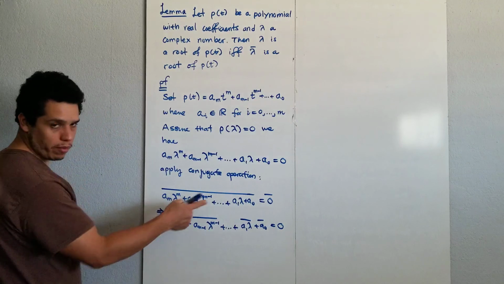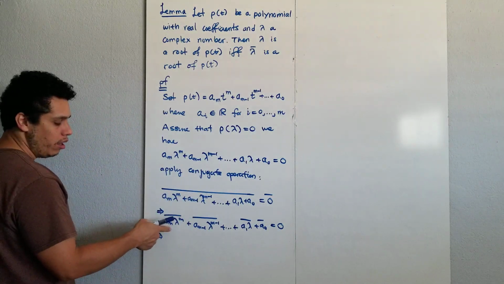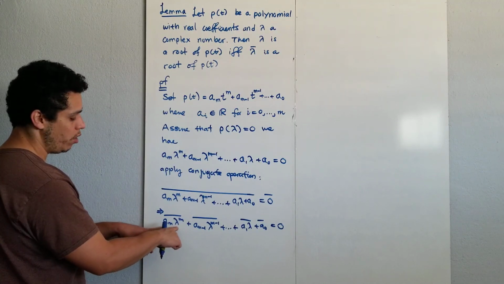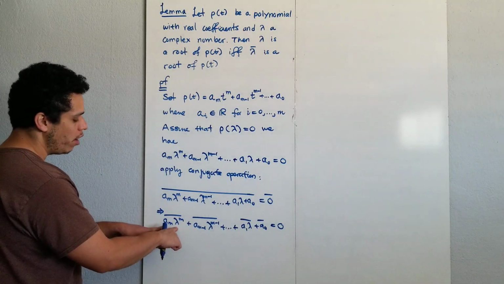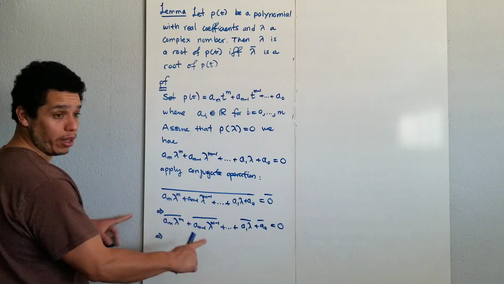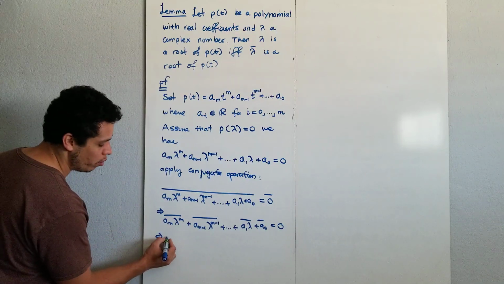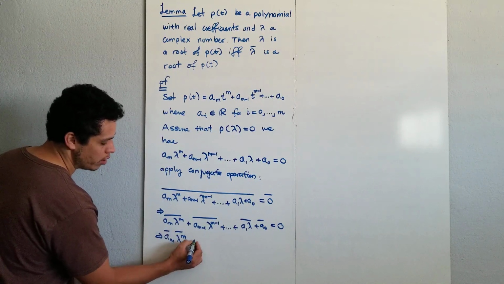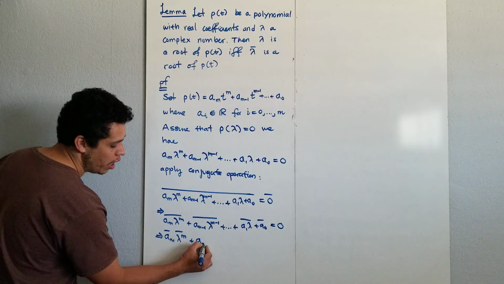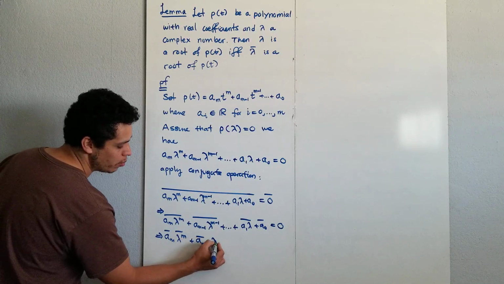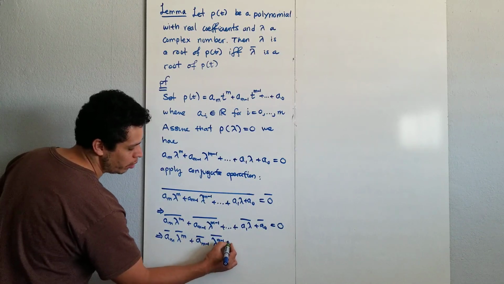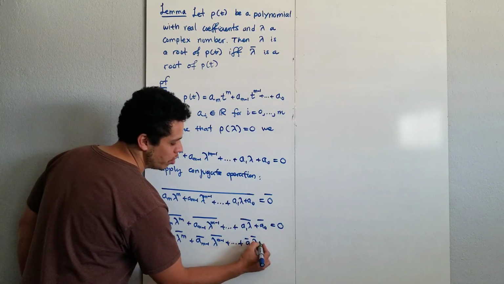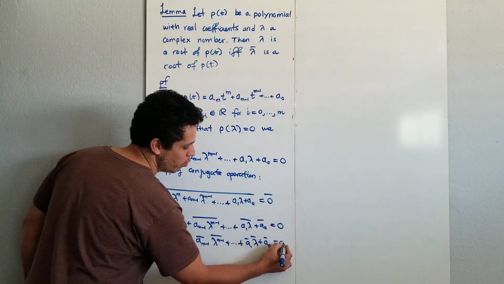Now, let's continue on this. The conjugate operation also commutes with the product operation, so I can split this and write it in the following form: conjugate of a_m times conjugate of lambda to the m, plus conjugate of a_{m-1} times conjugate of lambda to the m minus 1, plus conjugate of a_1 times conjugate of lambda, plus conjugate of a_0, equal to 0.